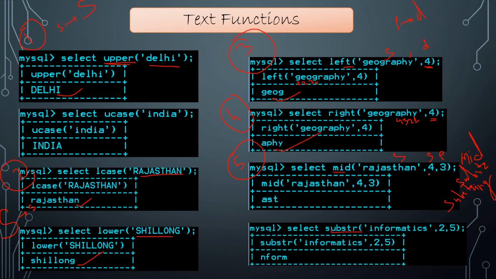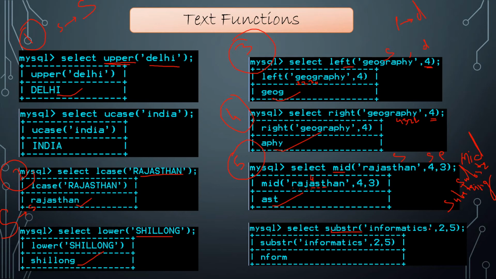Now the starting value is 4. We have the string Rajasthan: 1, 2, 3, 4. At 4 we have A. After that I want to count 3 digits, that means 1, 2, 3: A, S, T. From 4 you have to include 4 and then 3 digits. So your answer is AST.